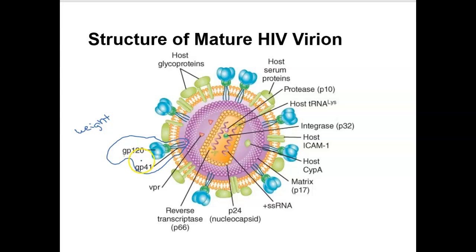When they were first characterizing this, they found it was a glycoprotein of about 120 kilodaltons. It's a trimer, so you can see there are 3 subunits there. GP120 is responsible for the binding, and GP41 is responsible for fusion and entry.